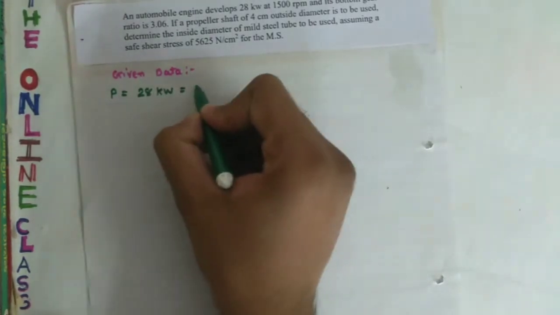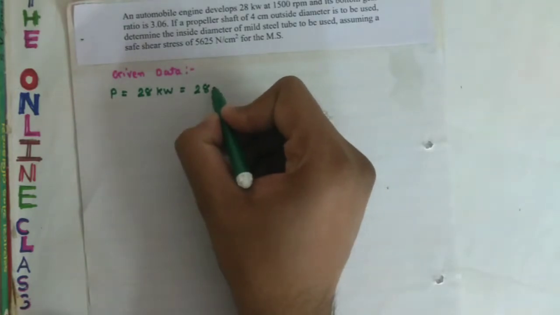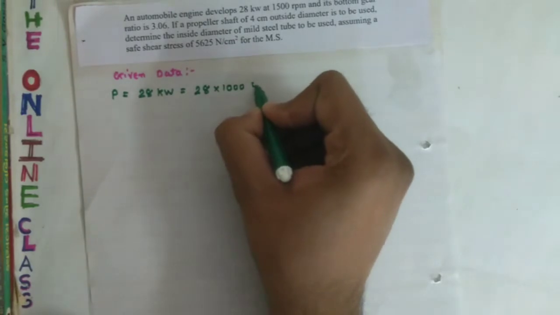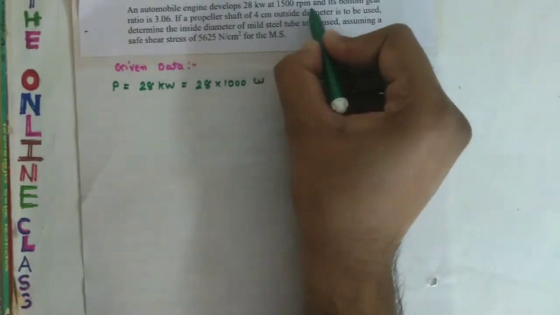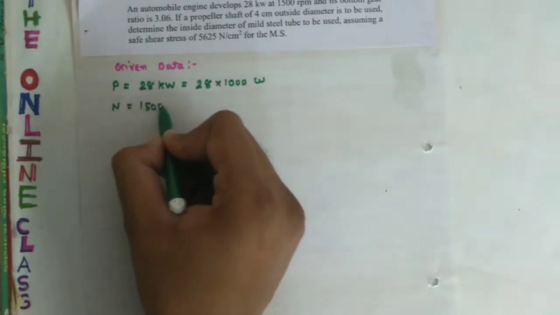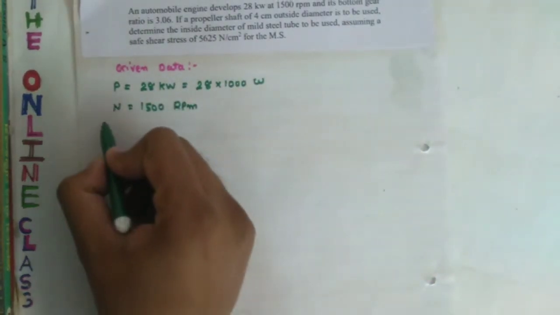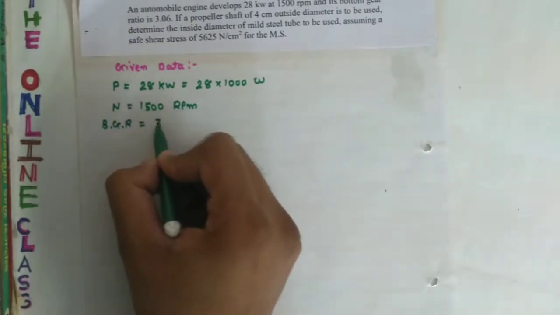Convert into watt by multiplying by 1000, so 28 multiplied by 1000 watt. 1500 rpm is given, so n is equal to 1500 rotation per minute. Bottom gear ratio is given as 3.06.